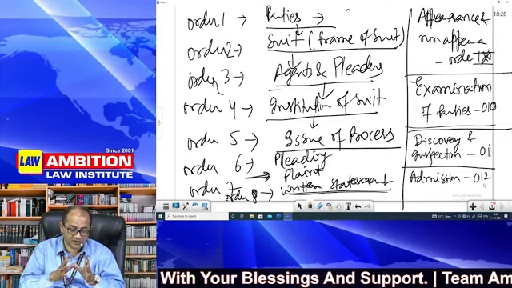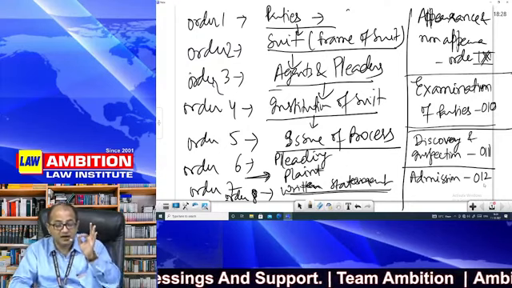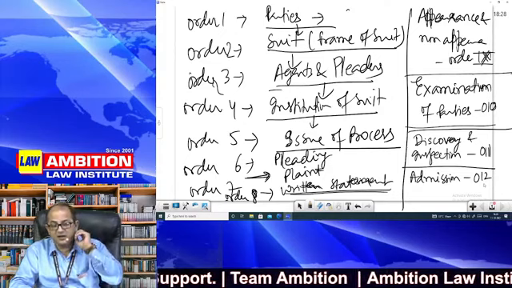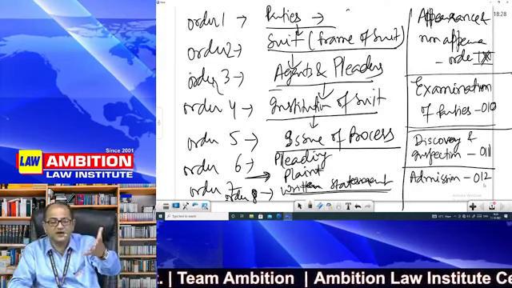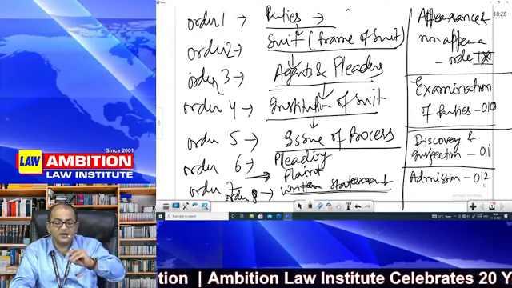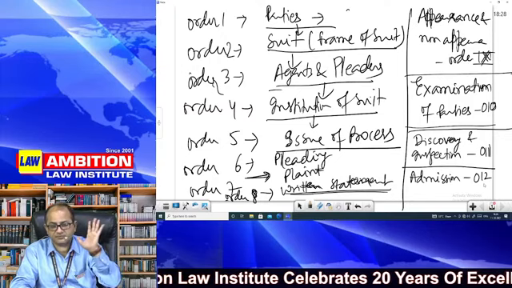I'll tell you a little bit more about this when we progress further, that how plaint drafting is very, very important. If you do not draft plaint well, you cannot travel beyond plaint in evidentiary stage. So you will have to mention everything at the starting itself. This is the biggest advantage which you will have.